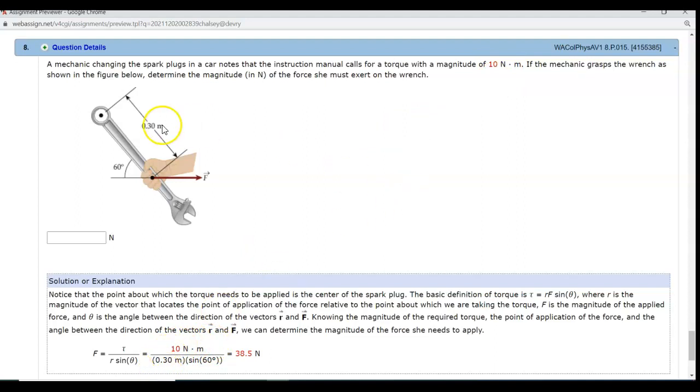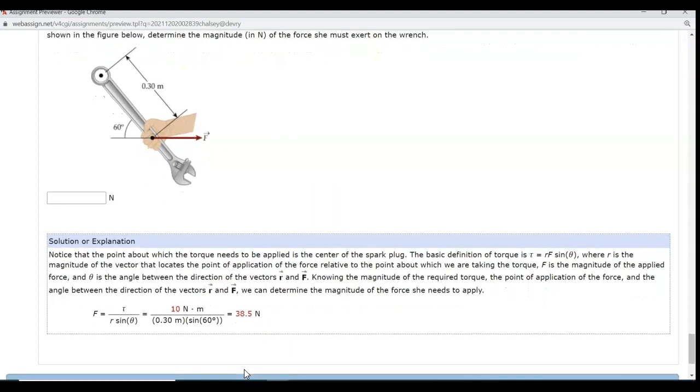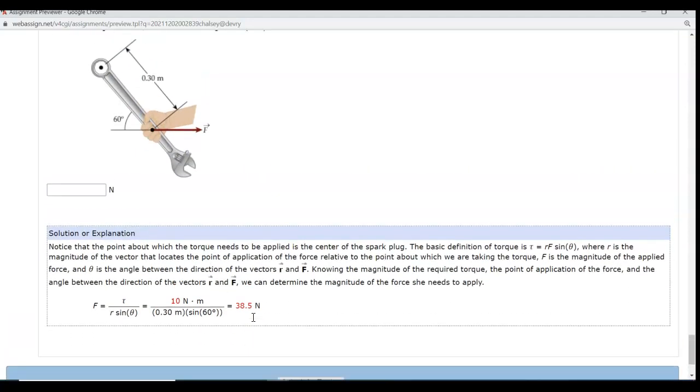The radius was given at 0.3 meters. And for the angle, we take the sine of 60 degrees. So we have 0.3 meters times the sine of 60 degrees. Take that, and then 10 divided by that answer gives me 38.5 newtons.